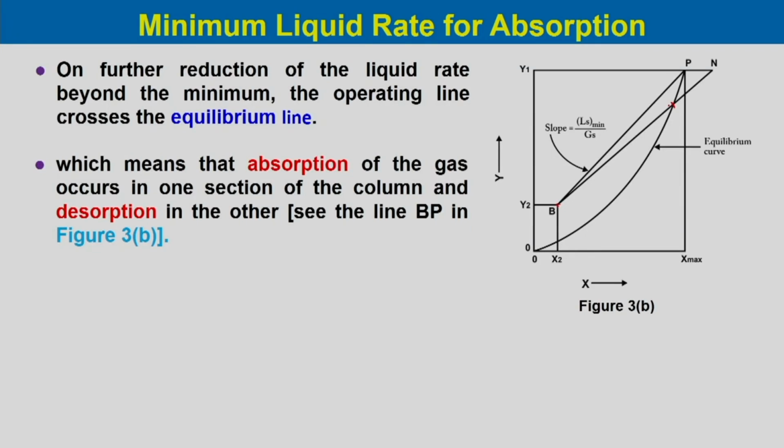So, from this point to this point the absorption would take place, and in the other section of the column you will have desorption, from this point to point N.